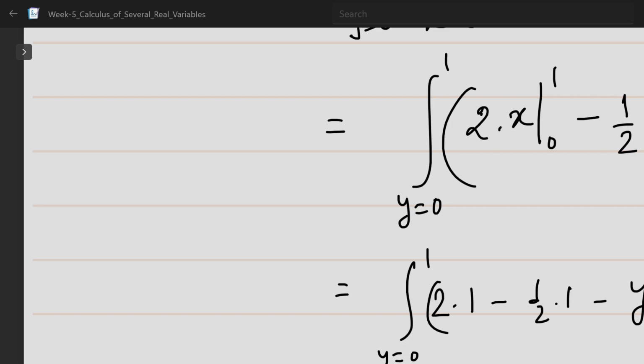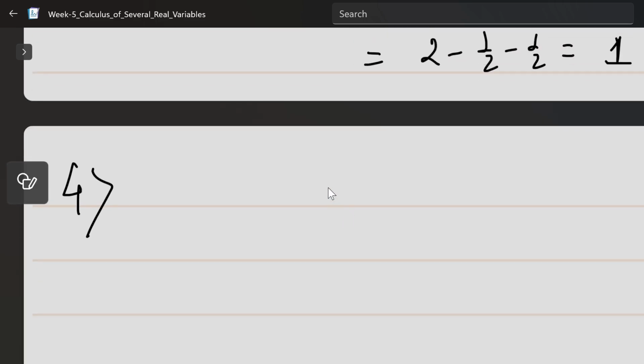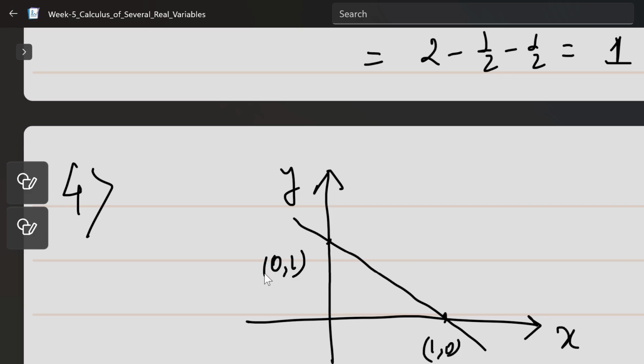So here it is option number B. So question number 4 is saying that you have to find some multiple integral in this region. x plus y is 1. That means it is 1, 0 and this is 0, 1. So you have to find the integral in this region.